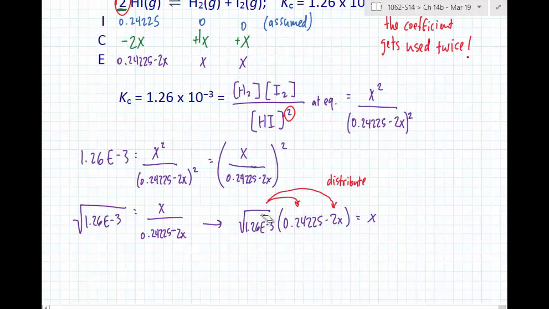This first one is going to be just a number, right? Because 1.26 times 10 to the minus 3 is a number. We multiply that by this number. Did somebody get that first number over here on the left? 0 point something. Yeah, that's what I got. 0.08599.